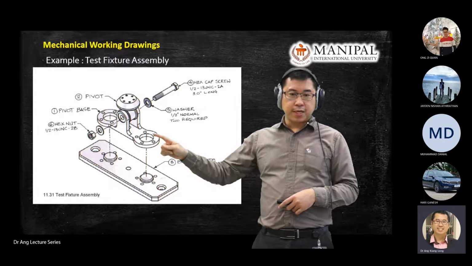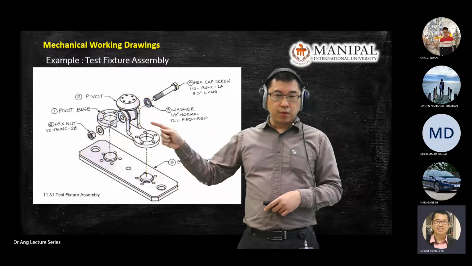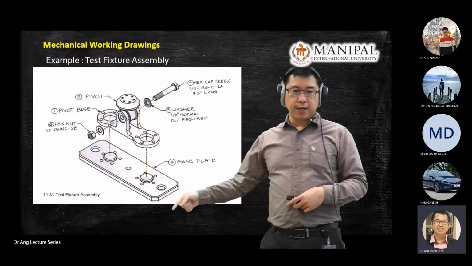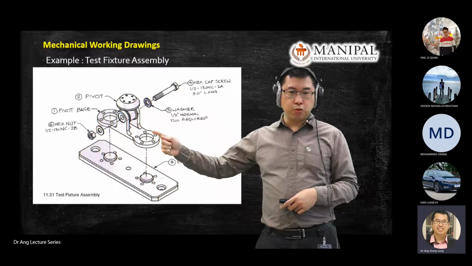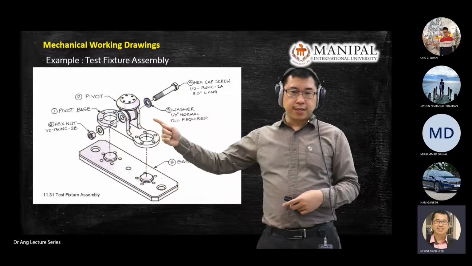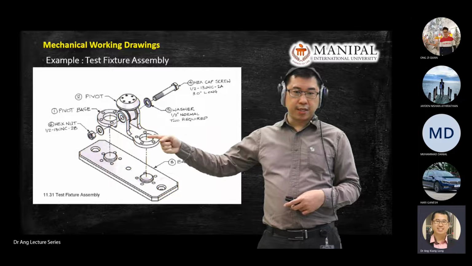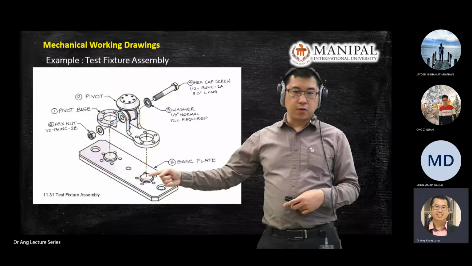So this is how you do assembly drawing. You import all the individual parts into the software, and you can input the motion or the assembly line. For example, the center of this hole will go to the center of this location.